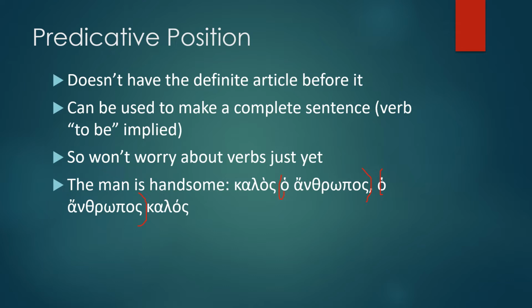And outside of this closure is the adjective. There isn't a definite article before the adjective. It's outside of this definite construction. So, the man, we predicate pretty or handsome off of ho anthropos. And same over here.